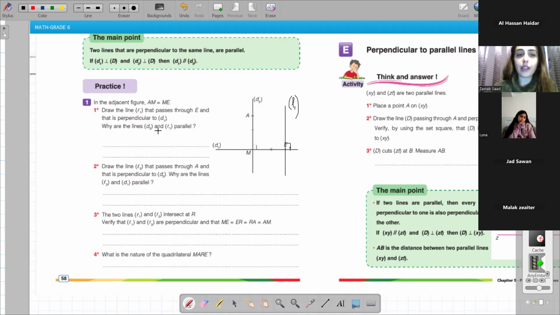Why are the lines D2 and L1 parallel? Why can we consider D2 and L1 parallel together? Why can you say they are parallel?